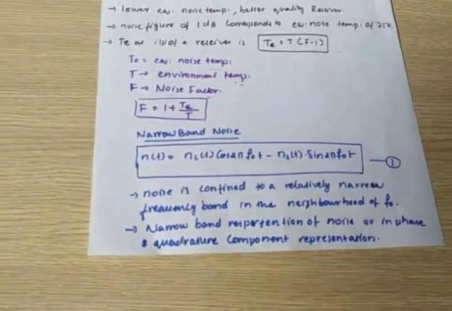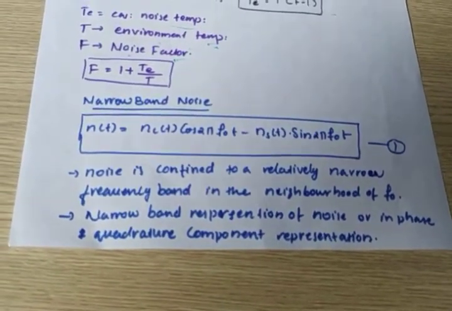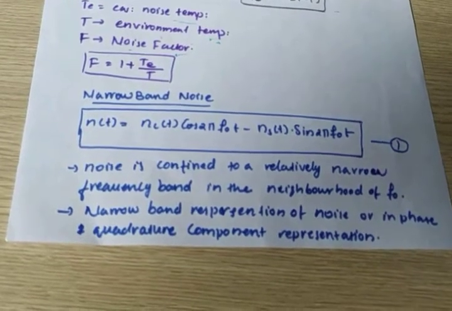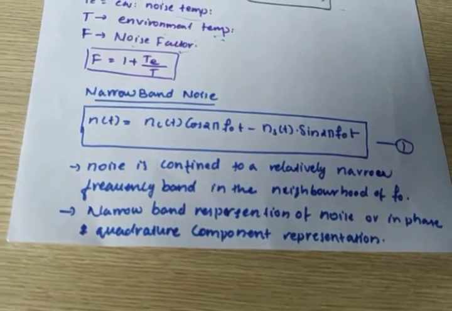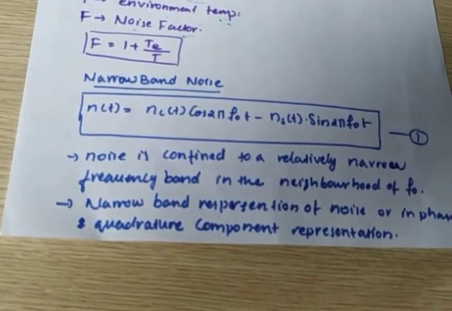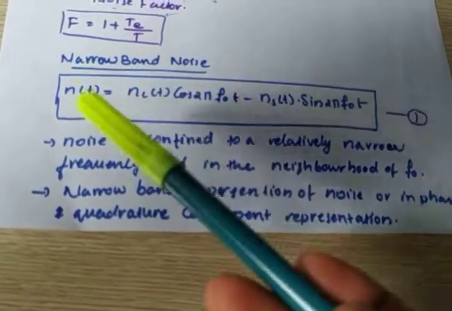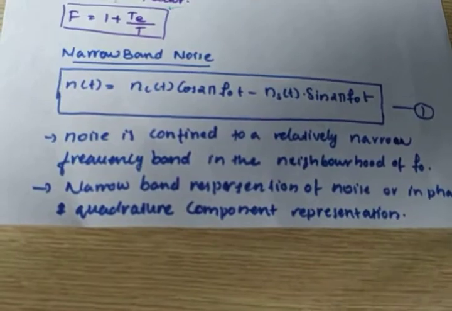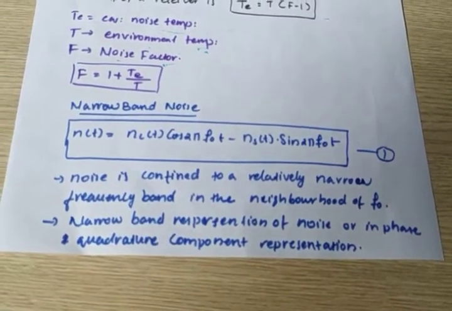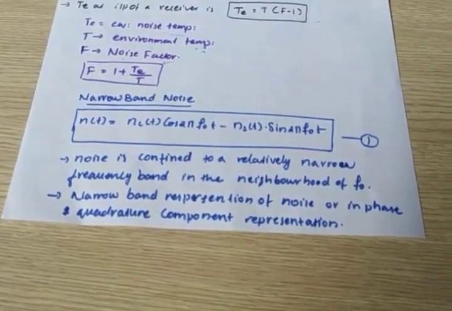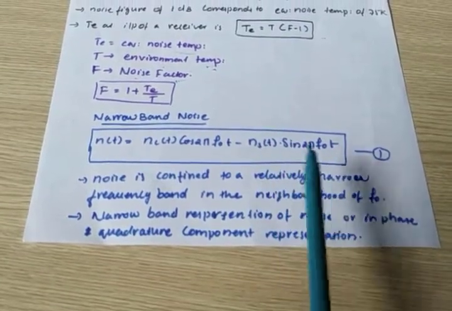Next is narrowband noise, n(t). This is the frequency domain representation, so noise can be represented in frequency terms also. n(t) = nc(t) cos 2πf0t - ns(t) sin 2πf0t.